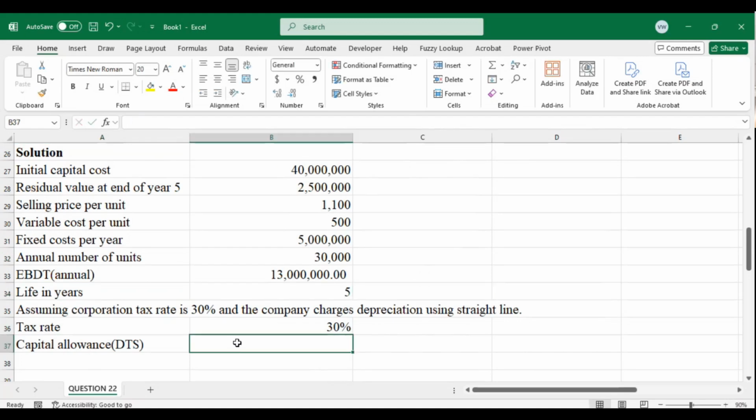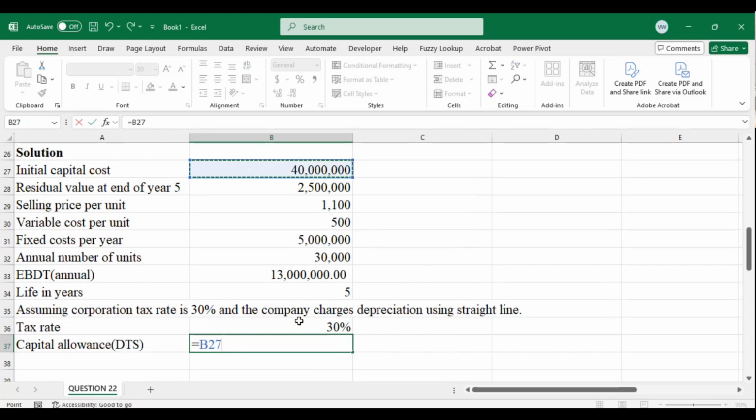Now I can get my DTS, which equals the cost minus the salvage value. Because I want to divide it by 5 years, I'll take the cost minus the salvage value and put everything in brackets, because it is this difference that I'm dividing by 5 years.